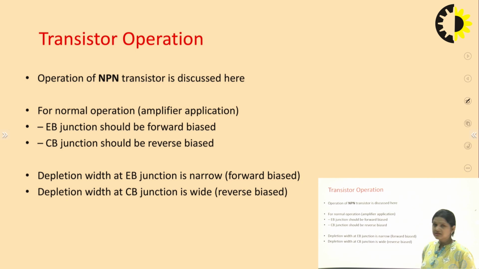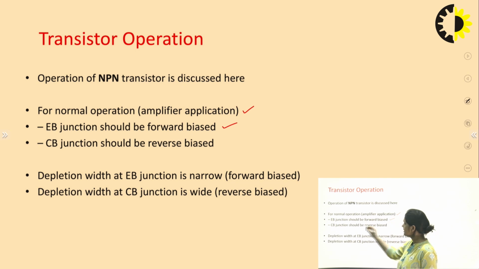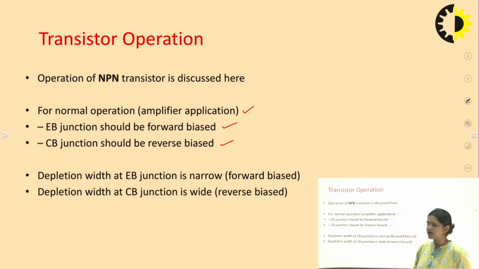Now let's see the transistor operation. If we talk about the NPN transistor, normally in amplification applications, the emitter base junction should be forward biased and the collector base junction should be reverse biased, and this combination is known as active region operation of the BJT.